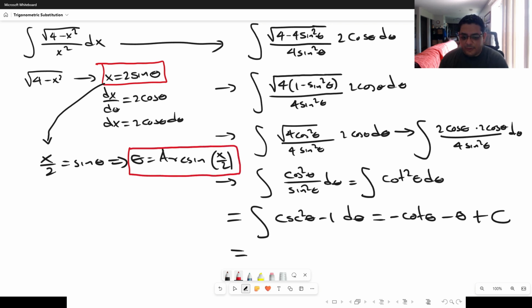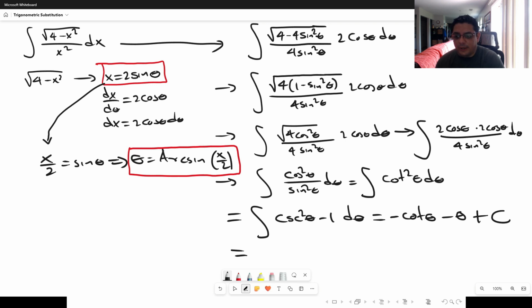And I also now need to get cotangent, but cotangent is, if you remember, cosine over sine, right? So I can see this one as cosine over sine, and I do have sine. Sine is x over 2, but I need cosine.